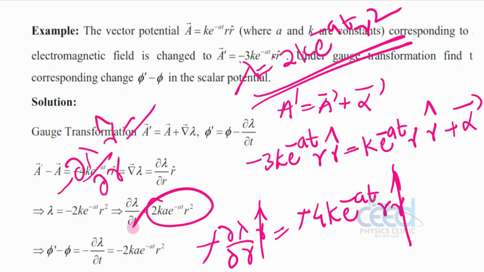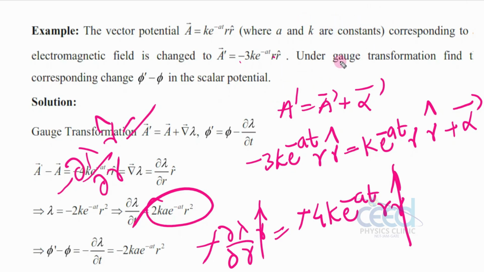All right. Now similarly, what we studied, similarly we can study V dash is equal to V plus beta, but beta is minus ∂λ/∂t. This we have seen, right?